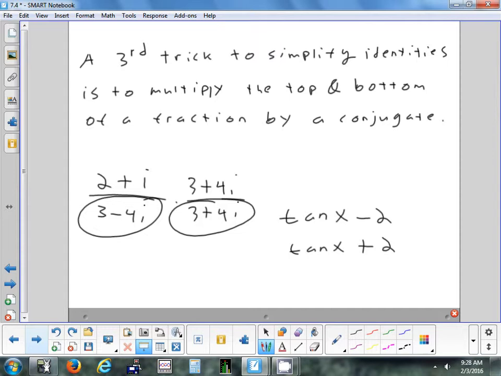Just change the sign, and that's the conjugate. And it doesn't say the conjugate has to be in the bottom. When we did complex numbers, that's where it usually was, but maybe our conjugate will be in the top, maybe it'll be in the bottom. When you see the problem, I think you'll be able to figure it out. Any question on what a conjugate is?